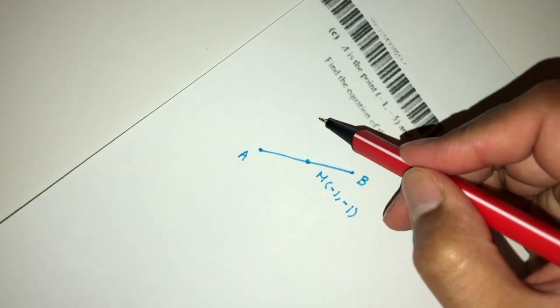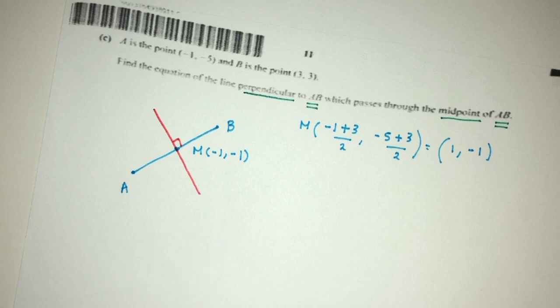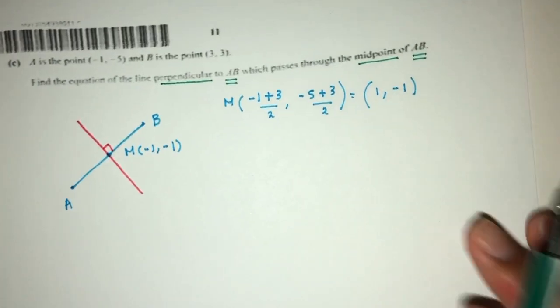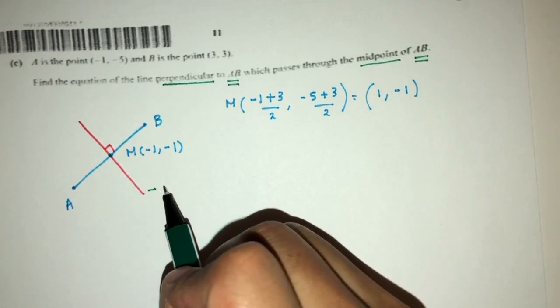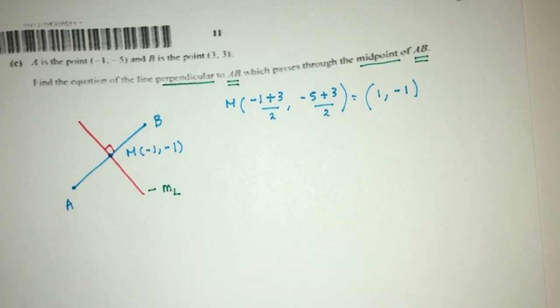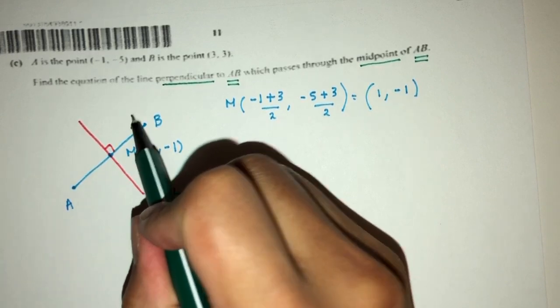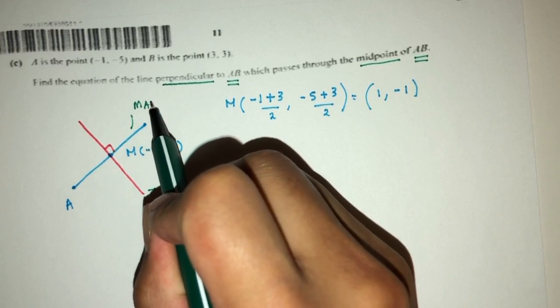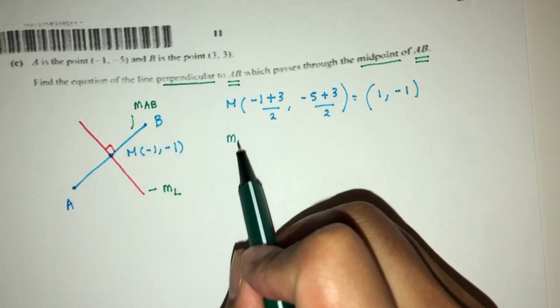Now we're trying to find the equation of the perpendicular bisector of this line at 90 degrees. Now to find the equation of a line, we will need to have the gradient, right? So to find the gradient of this line, we must find the gradient of this one first. So what is the gradient of AB?